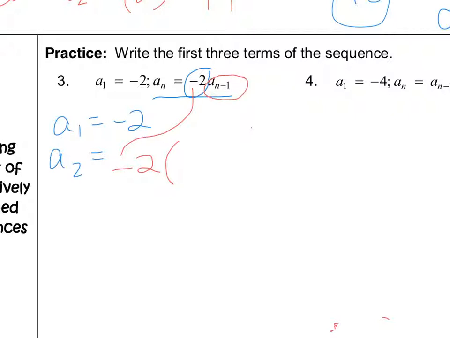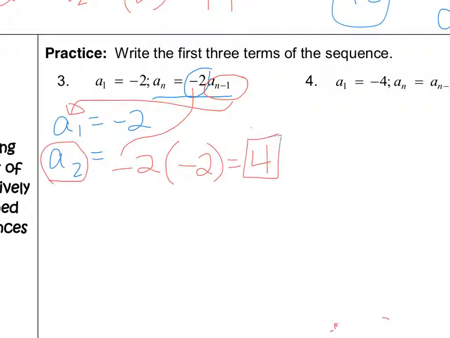So I'm timesing it by the term before. So negative 2 times negative 2 equals positive 4. So my a sub 2 is going to be positive 4.